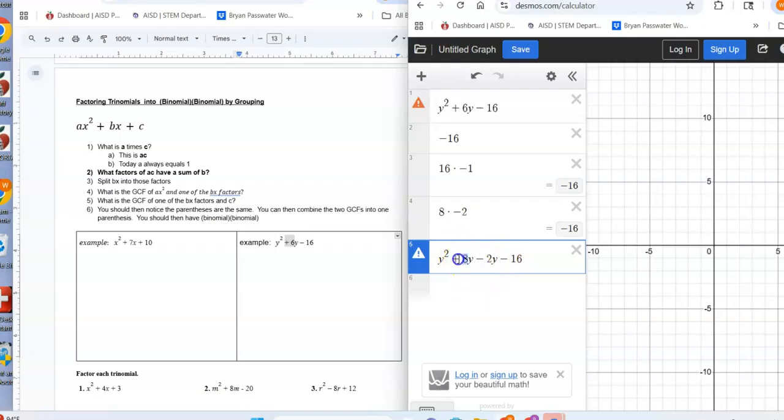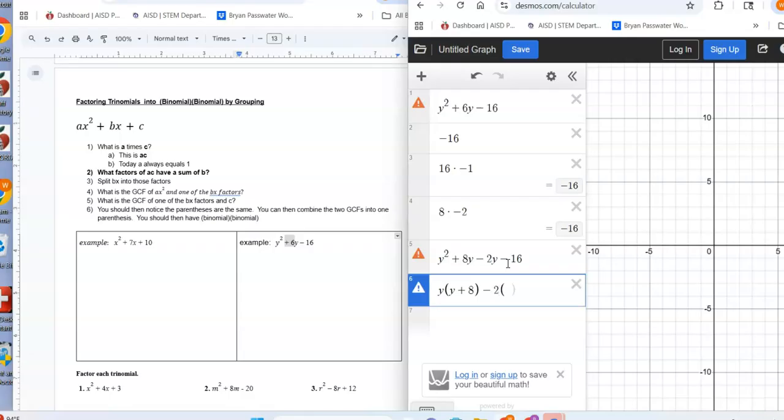The greatest common factor of the first two terms is y. Now notice the last two terms are negative, and that basically means I want my greatest common factor to also be negative. So the greatest common factor of negative 2y and negative 16 is negative 2.